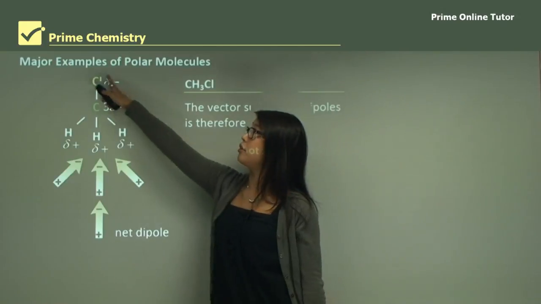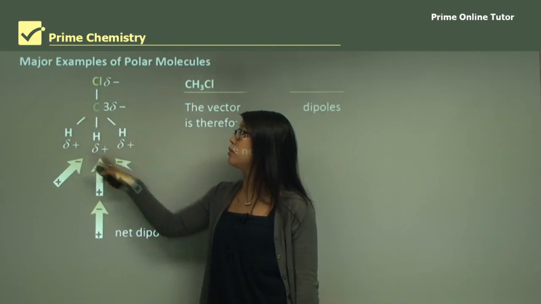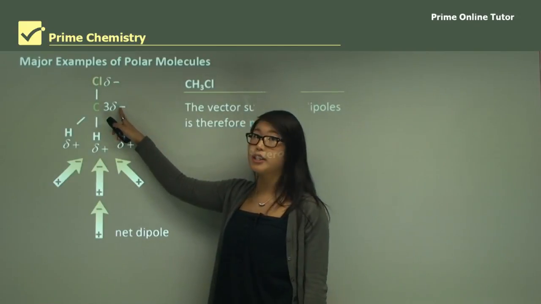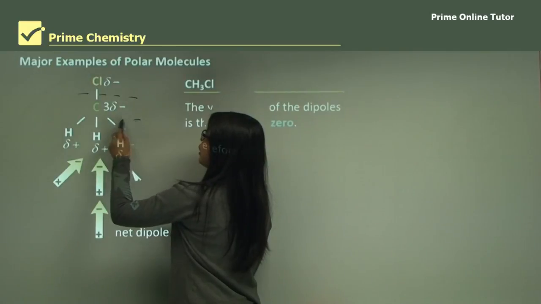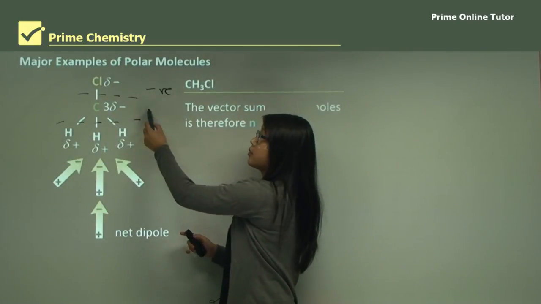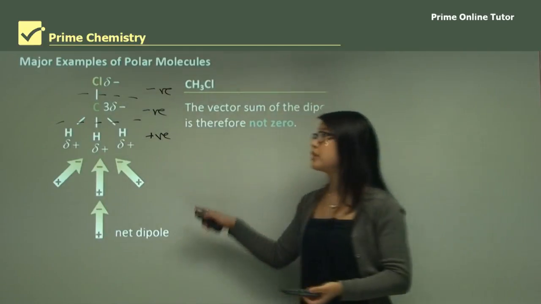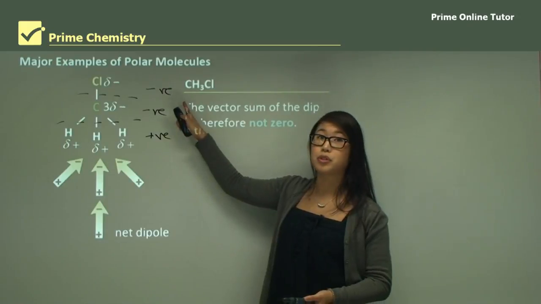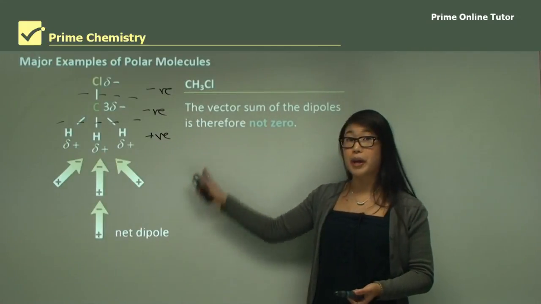We know that this bond has a slight negative charge here compared to here, and then these bonds have a slight negative charge here compared to here. So we have 2 planes that we're looking at. This one's going to be negative, this one's going to be negative, this one's going to be positive. So in this case, all the electrons are being pulled towards the top of the atom, and therefore we get a net dipole going up.